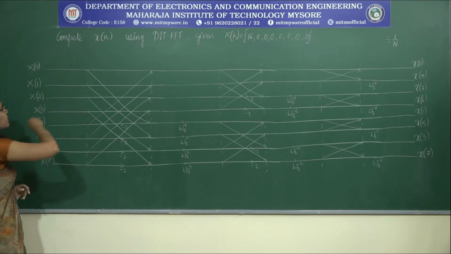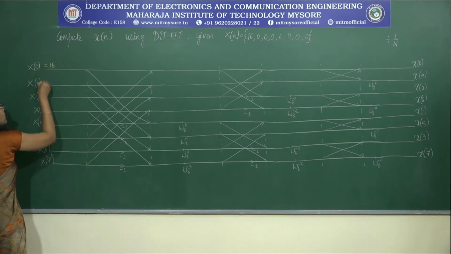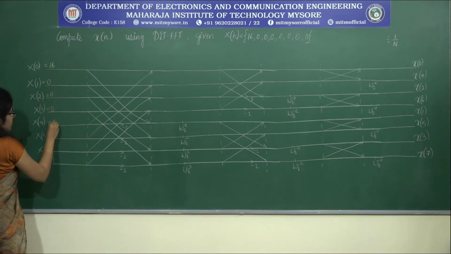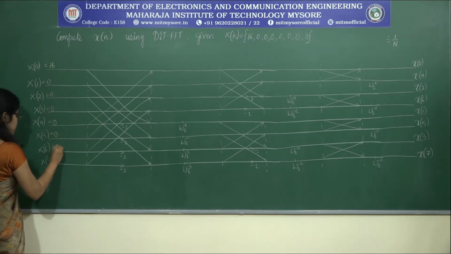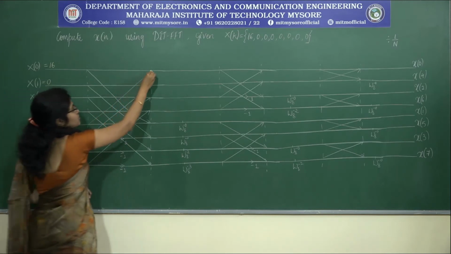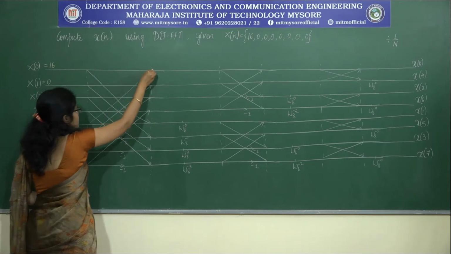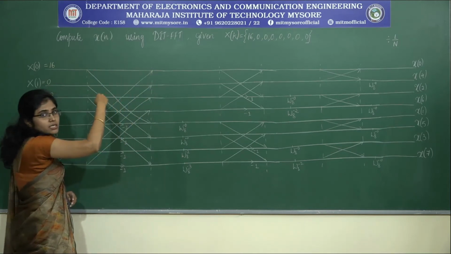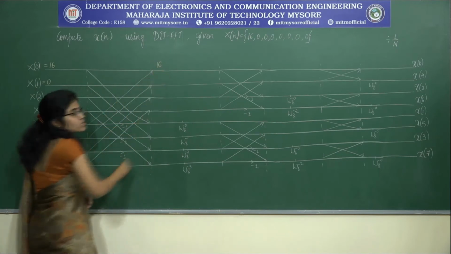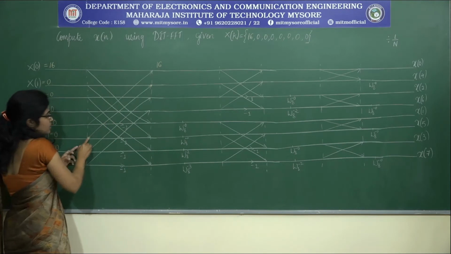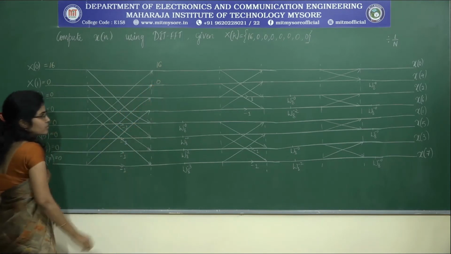So the sequence is given. So x of 0 is 16, 1 is 0, 2 is also 0, 3 is 0. All the samples are 0 other than x of 0. Now coming to this point, the signal coming from this branch is 16, the signal coming from this branch is 0, 16 plus 0 is 16 only. At this particular branch, 0 is coming, here also 0, so this becomes 0.